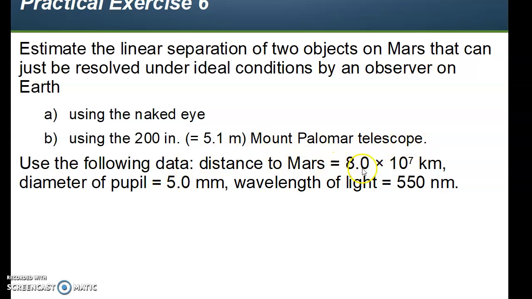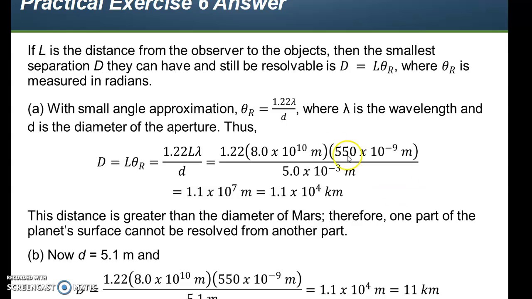The distance to Mars is 8 times 10 to the 7th kilometers. The diameter of your pupil is 5.0 millimeters, and the wavelength of light is 550 nanometers. So here you're doing theta_R equals 1.22 lambda divided by d, right?